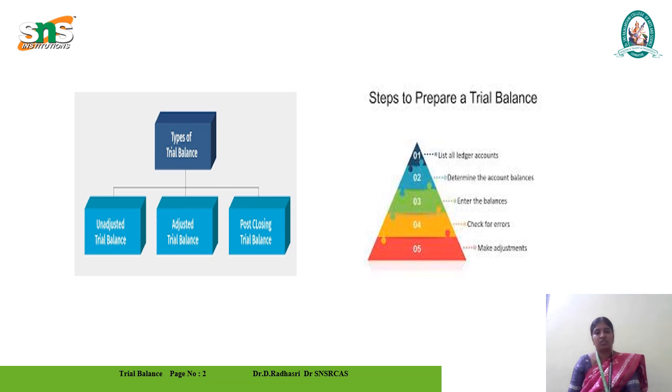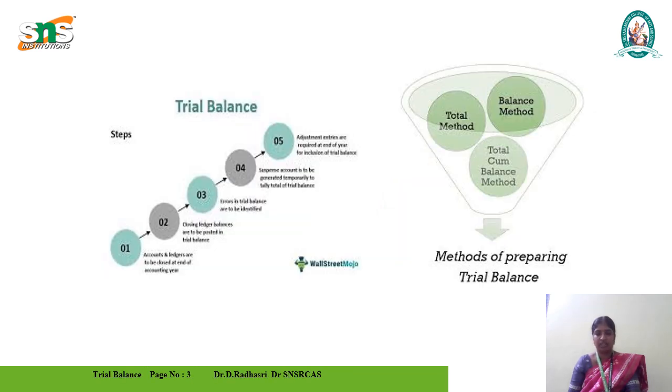These are the steps to be handled in the trial balance. There is also the cumulative balance method and the total method, and the steps can be handled in five levels.